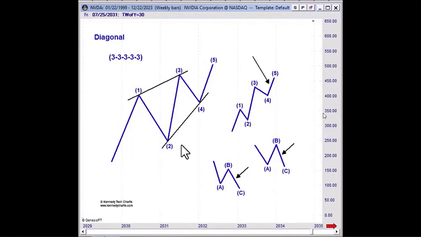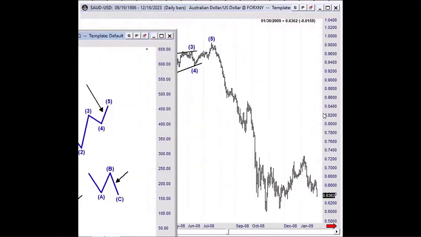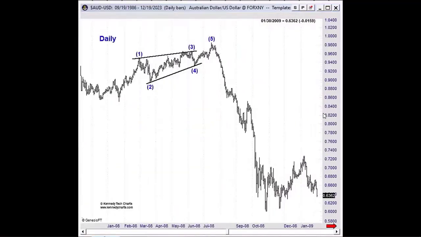Now, my first real encounter with an ending diagonal was going back several years, back in 2008. Again, I've encountered diagonals throughout my entire career. It is a bit of an uncommon pattern. Impulse waves, we see those all the time. Ending diagonals are probably a 20% type of pattern.